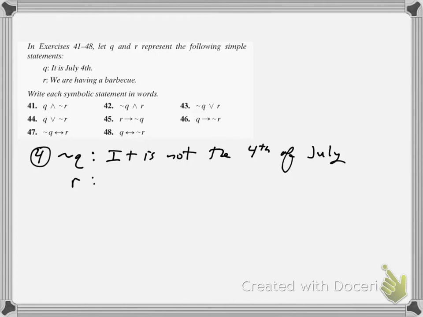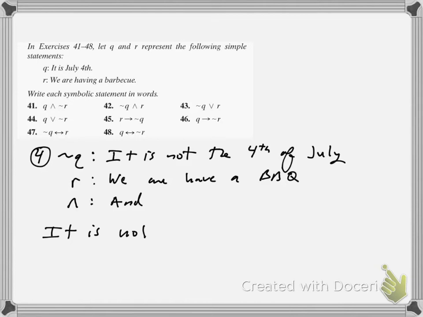Okay. R would be, we are having a barbecue. BBQ. So if I'm going to do, and then this symbol means what? And. So we would say, the statement would be, it is not July 4th, right? I'm just abbreviating here.